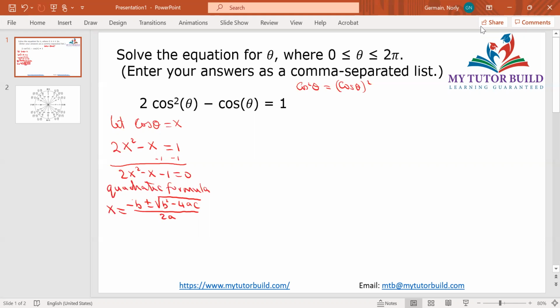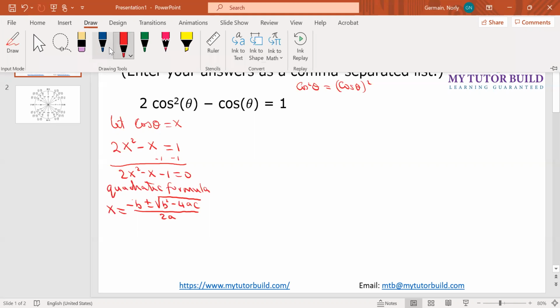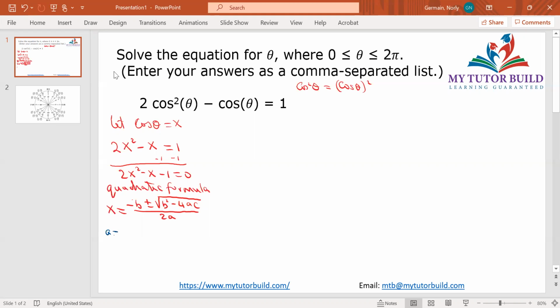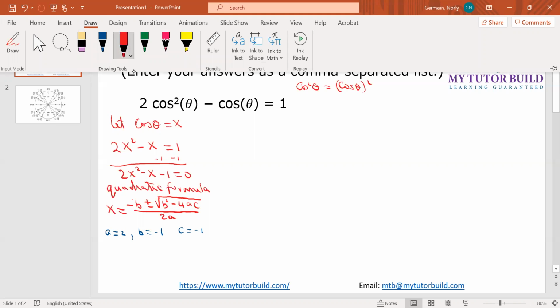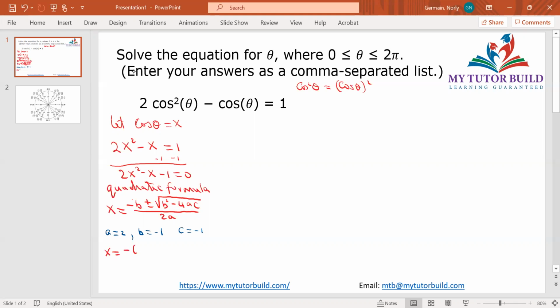Looking at my equation here, a is 2, b is -1, and c is -1. Substituting everything in the formula, I have x equal minus -1 plus or minus square root of -1 squared minus 4 times 2 times -1, over 2a, 2 times 2.